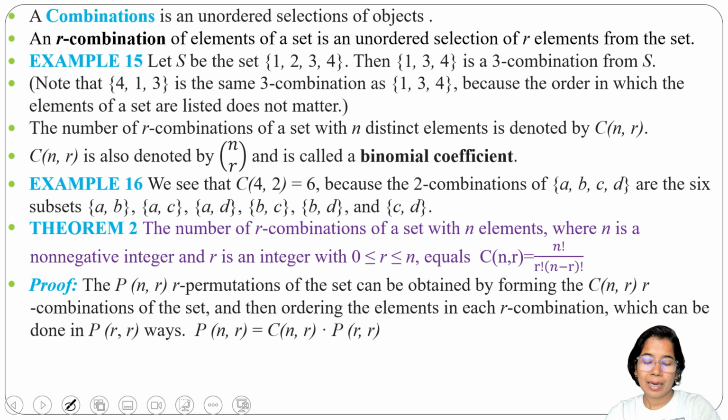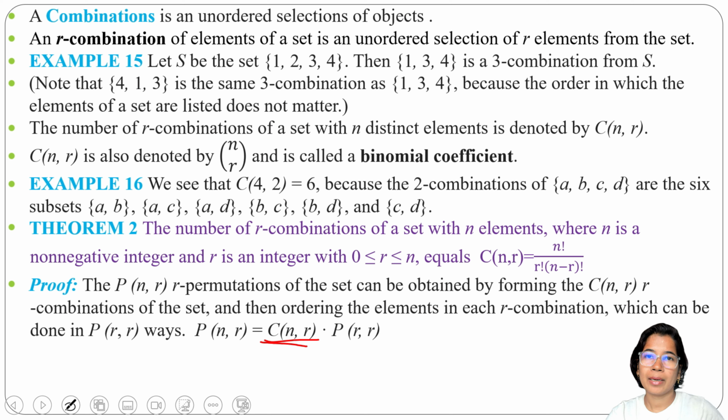So C(n,r) multiplied by P(r,r) equals P(n,r). Now C(n,r) will be P(n,r) divided by P(r,r), and we know the permutation formula.